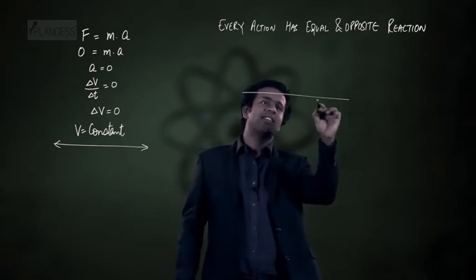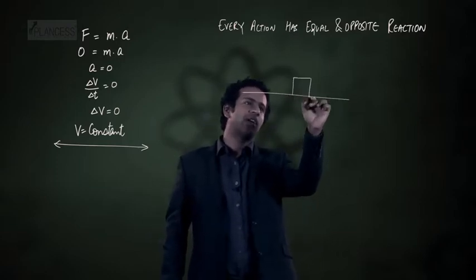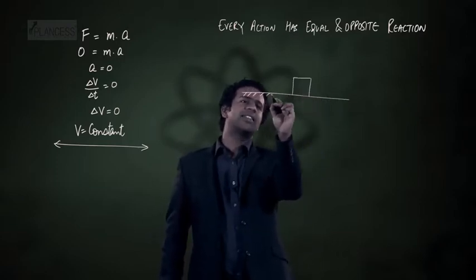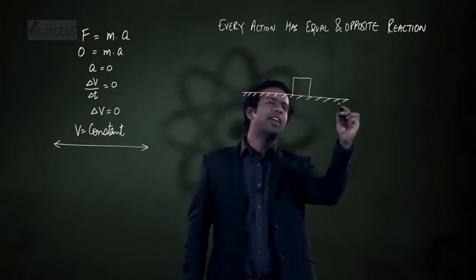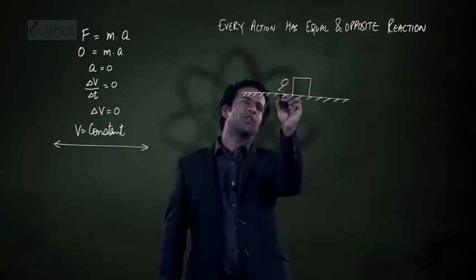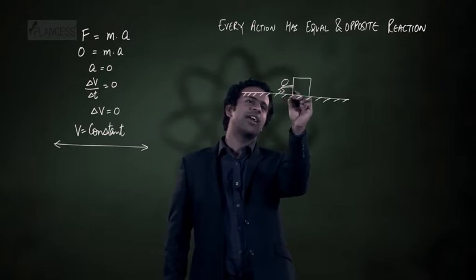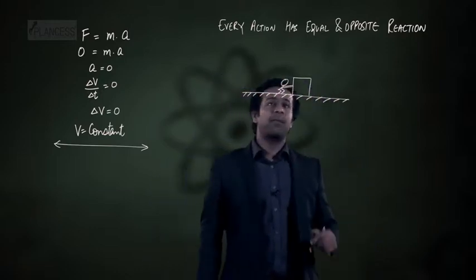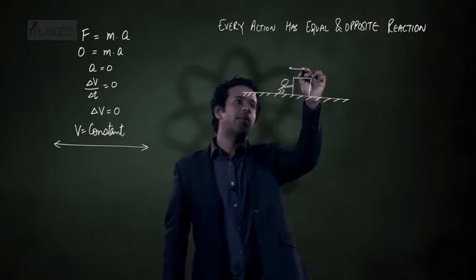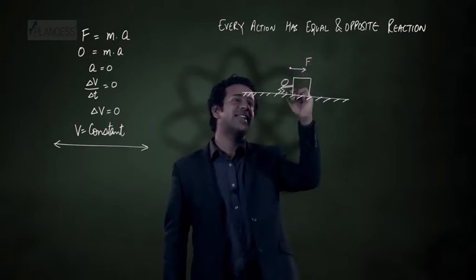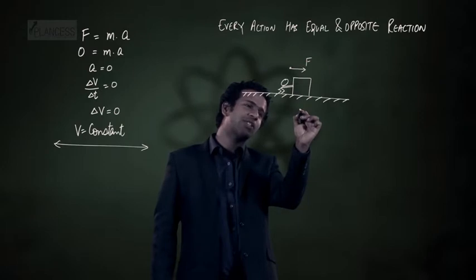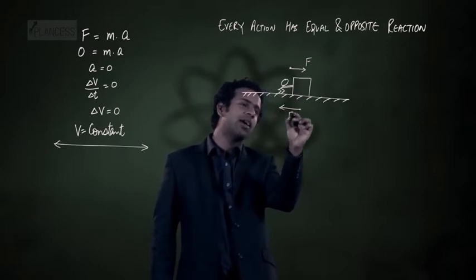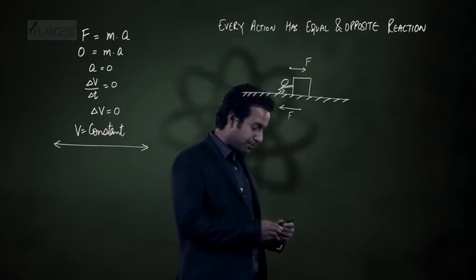So let's say there is a block which is lying on ground, and let's say there is a man who is trying to push this block. So this is the man who is trying to push this block. Now, the man applies a force F on the block, and the third law tells us that the same force F is applied by the block in the opposite direction.